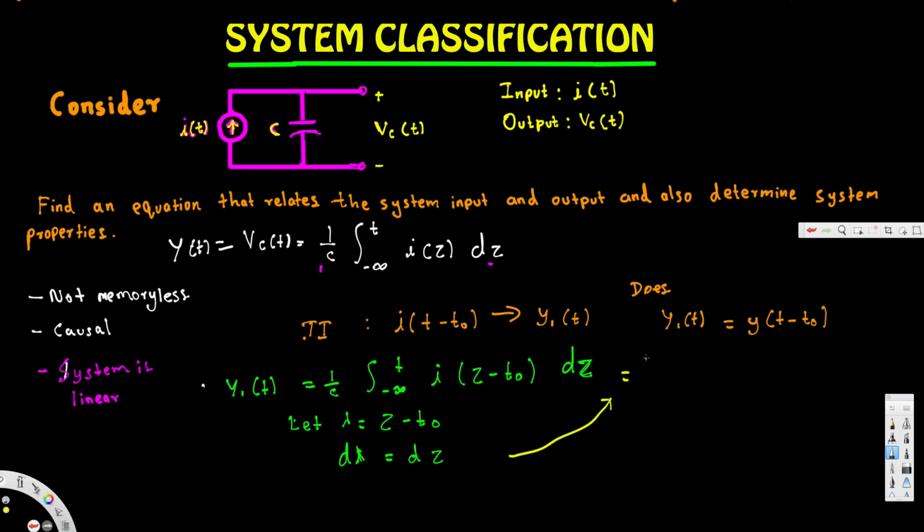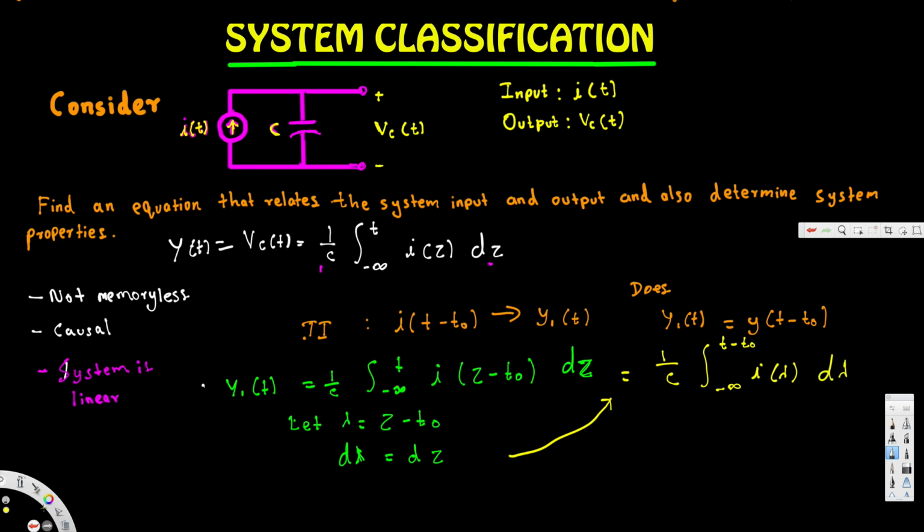If we replace that, this is going to be equal to 1 over c, which remains the same, integral from negative infinity to, instead of t, tau minus t naught, which in this case becomes t minus t naught, of i of, instead of tau minus t naught, lambda, and instead of d tau, d lambda.